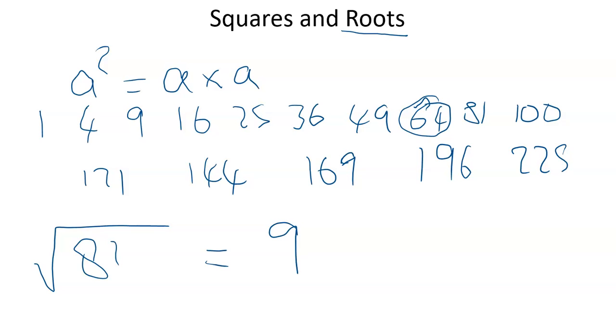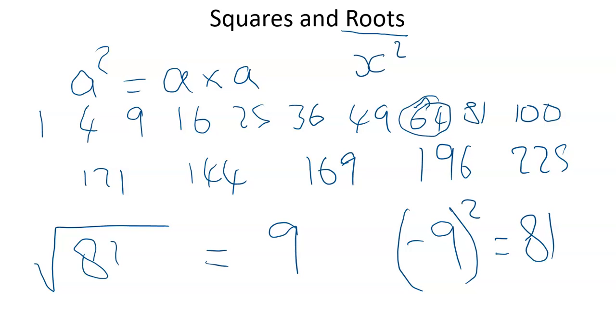Now, that is the only answer in this case because this square root symbol is asking for the positive root. But there is another answer when I ask the question in a wordy way. What number times itself is 81? Well, minus 9 squared is also 81. So if you've written it out like this, x squared equals 81, what is x?